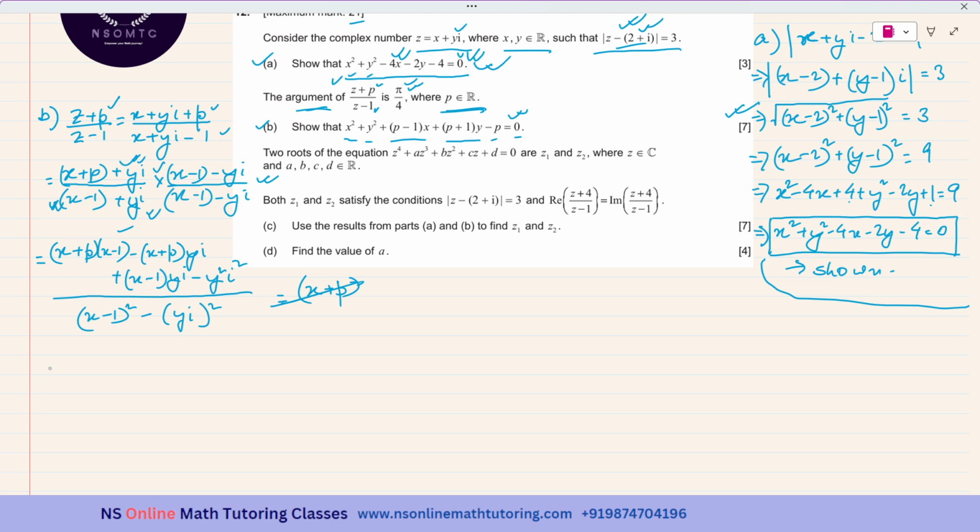So let me expand. x² minus x plus px, because I'm seeing px, so px minus p, and minus xyi, minus pyi, plus xyi, minus yi, and i² is minus 1, so minus of minus is plus, so it is plus y². Okay, so this is the numerator.